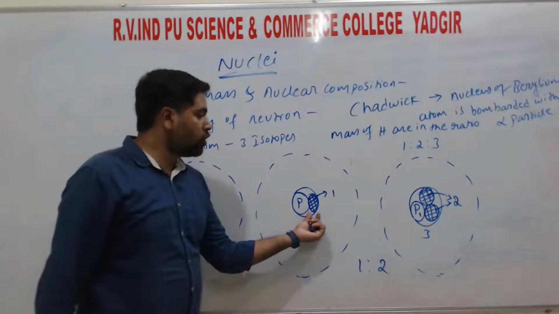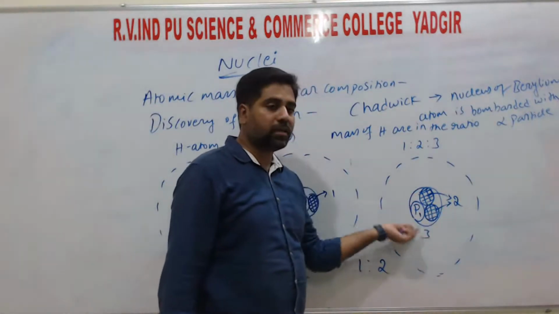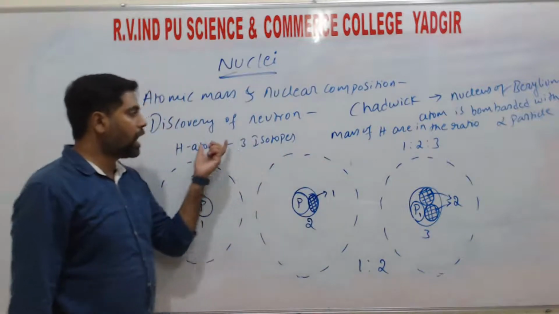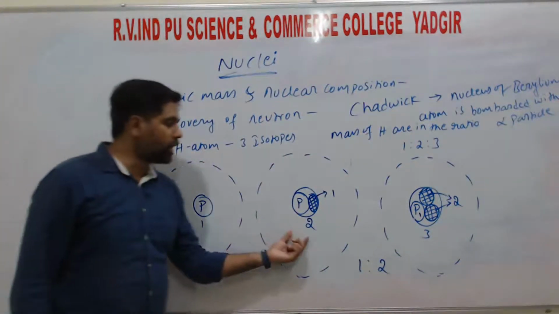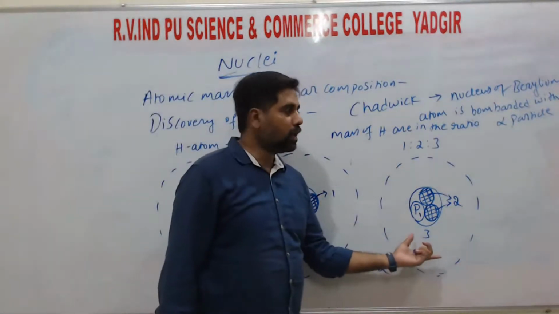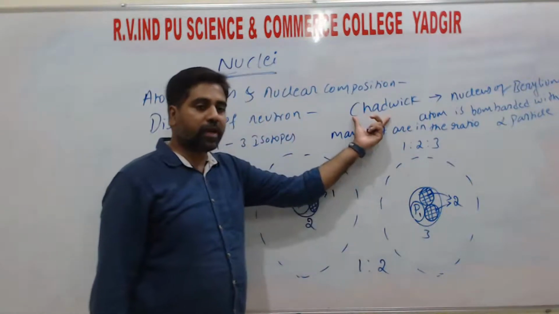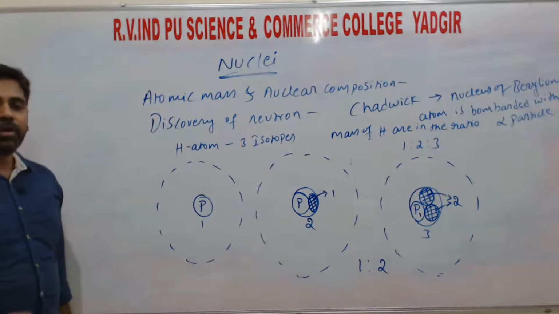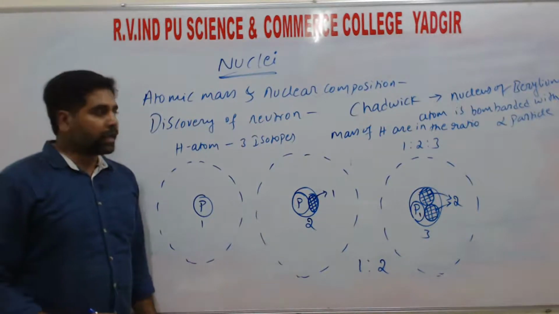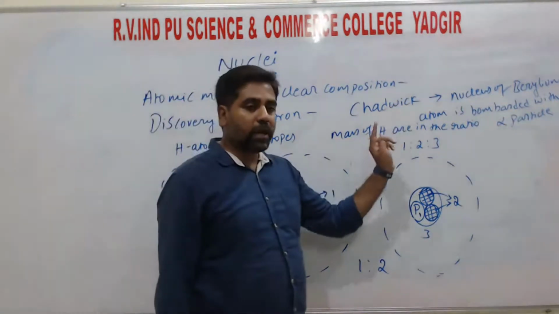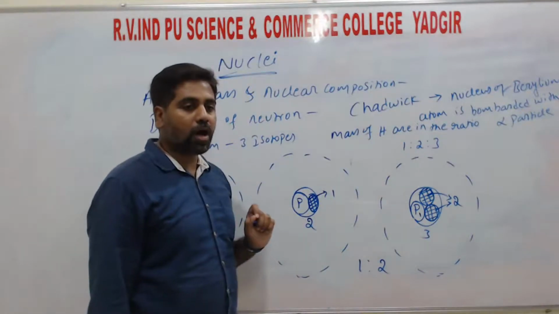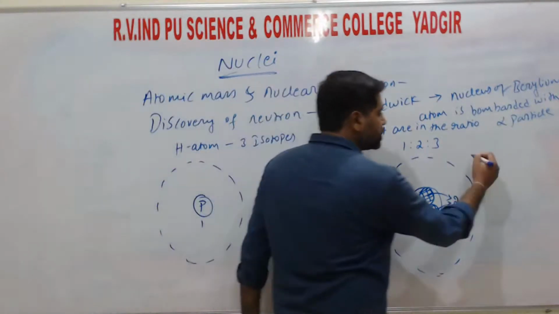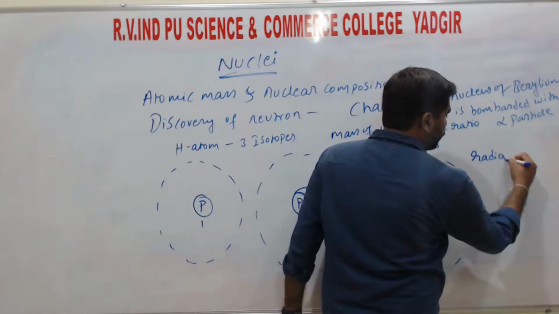To find the unknown mass present in the nucleus of the hydrogen atom, that is in deuterium and in tritium, James Chadwick conducted an experiment. He bombarded the beryllium nucleus with the alpha particle, right? When the beryllium nucleus is bombarded with the alpha particle, radiations are emitted.